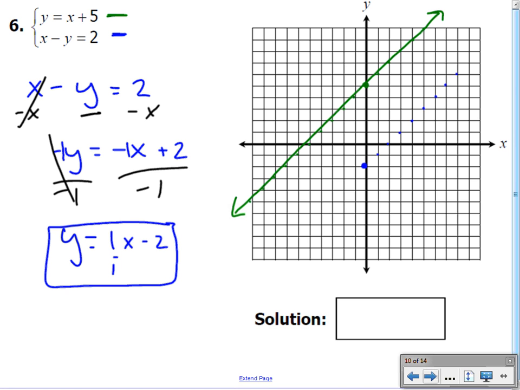So if we have two lines with the same slope, we know that that means we have two parallel lines. And if we look at our graph, we can see that these two lines are not crossing. And they're not going to because they have the same slope, different y-intercept, which we know is the definition of parallel lines. So because there is no intersection point, there is no solution to this system of equations.